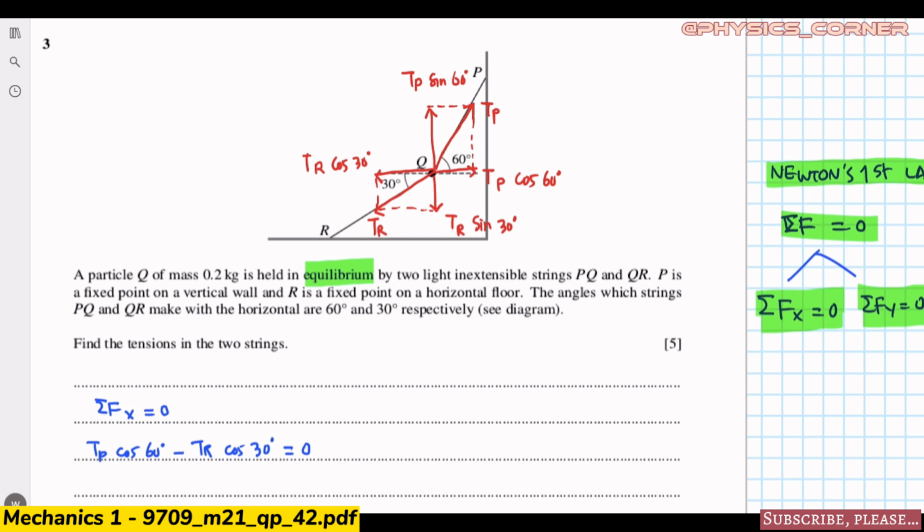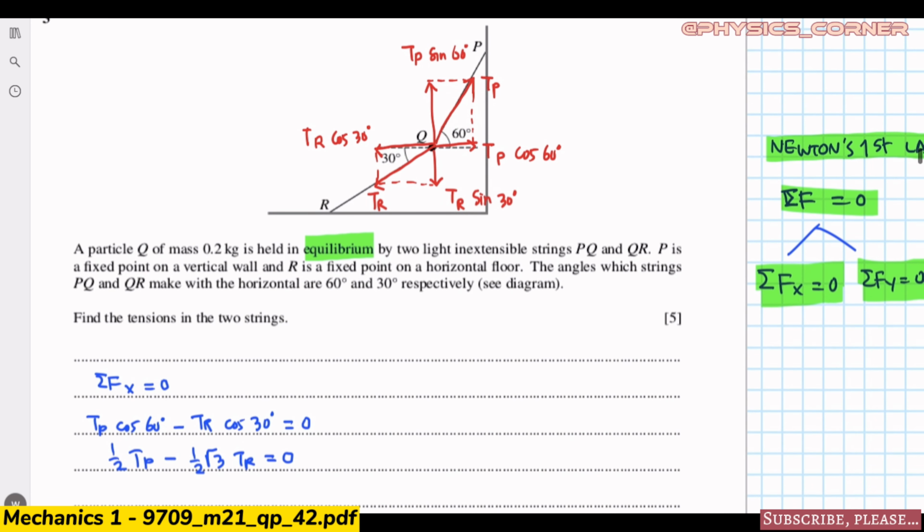Cos 60 is a half, so a half TP minus a half root 3 TR equals 0. So we can decide that TP is root 3 TR.